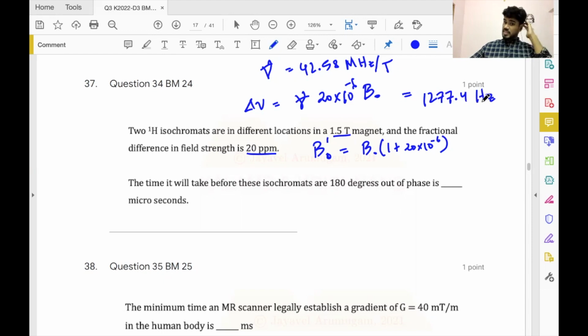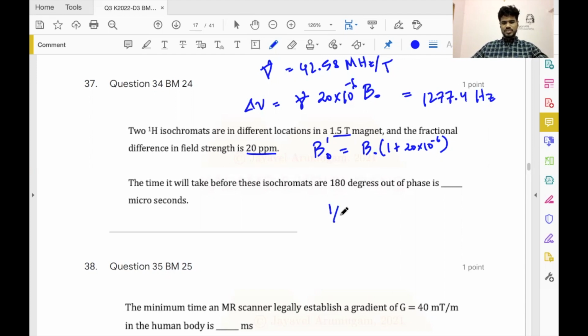So these many revolutions in 1 second. How do we do this? We calculate for half a revolution how much. Okay. So these many revolutions take 1 second.